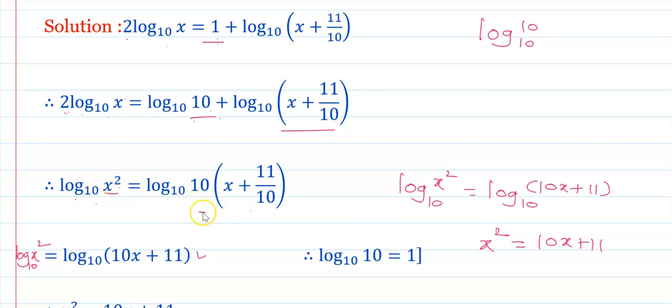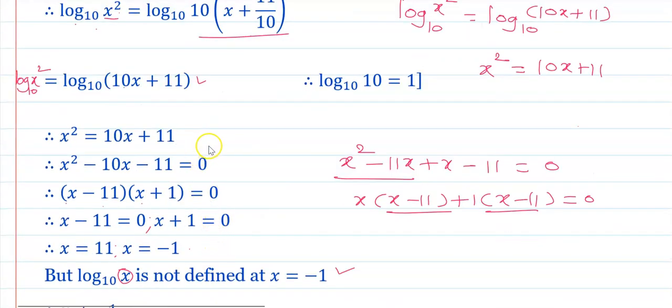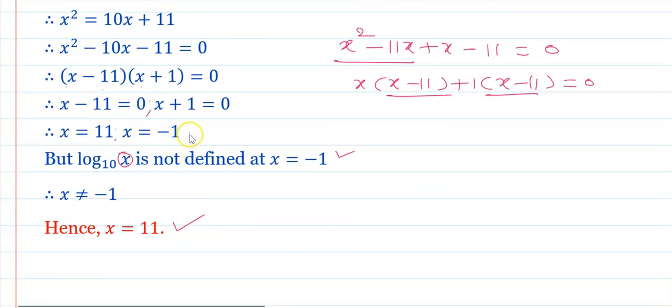This x square is equal to 10 into in bracket x plus 11 upon 10, and then simplify. You will get the two values: x is equal to minus 1 and x is equal to 11. x is equal to minus 1 is not possible because log of a negative quantity is not defined. And therefore x is equal to 11.